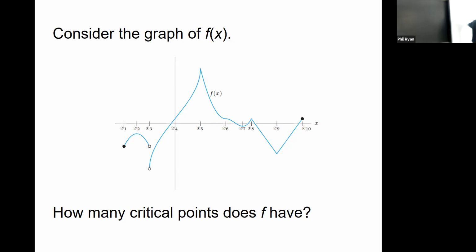If one of these was a black dot, then that would be a critical point. And these points, well, they're endpoints, so I would just classify them as endpoints. Let's keep them distinct.